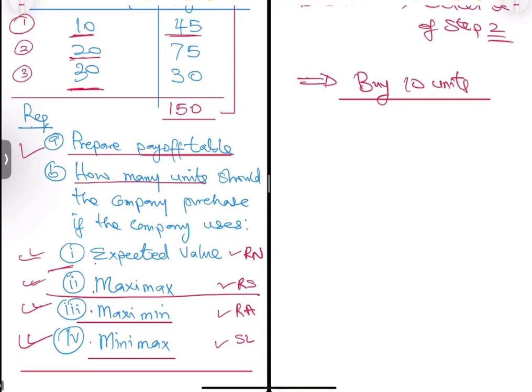So we want to look at the third possibility, and fourth one, the last one. And that is Minimax. Minimax wants to minimize his regrets.